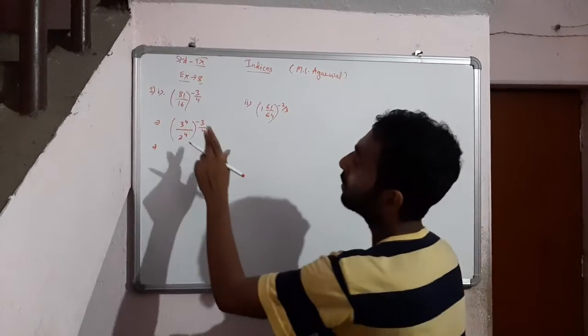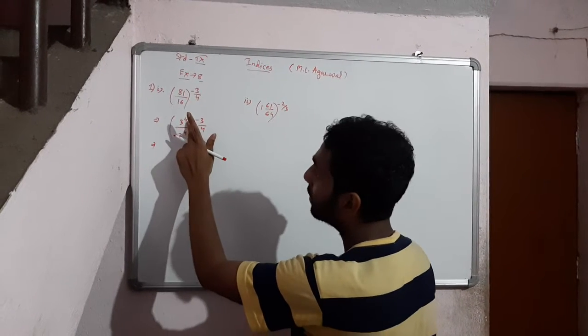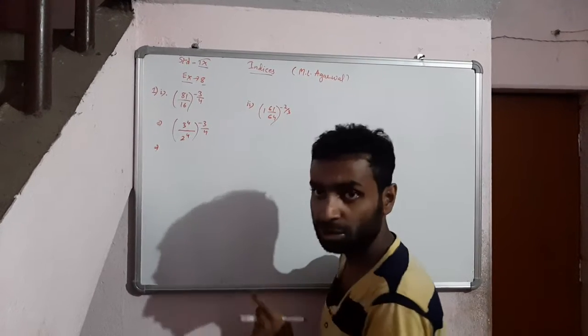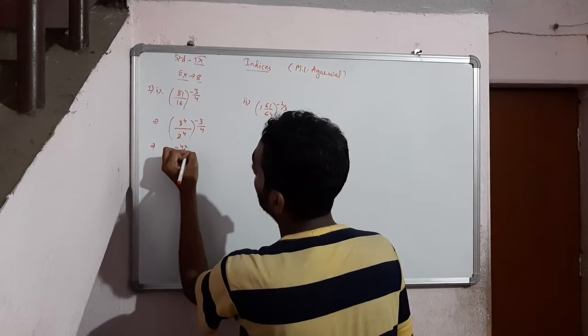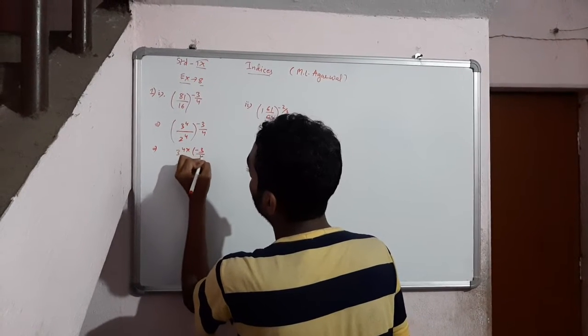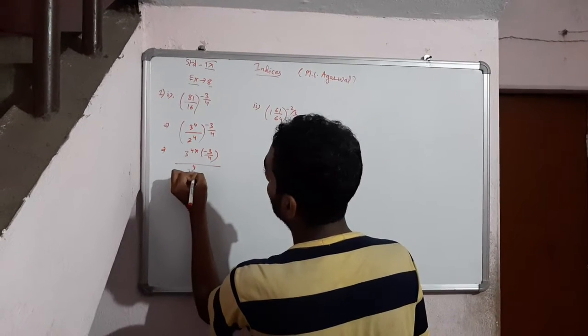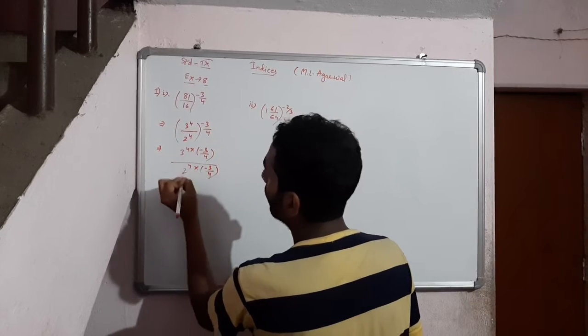See, the power 4 is having another power above it, that is minus 3/4. So 3 to the power 4 into minus 3/4, by 2 to the power 4 into minus 3/4.